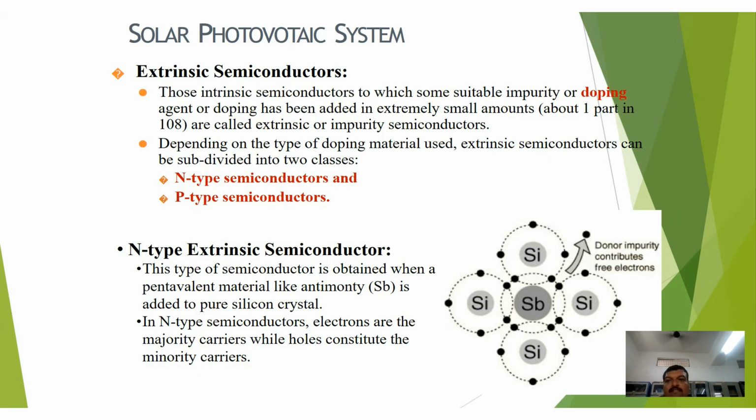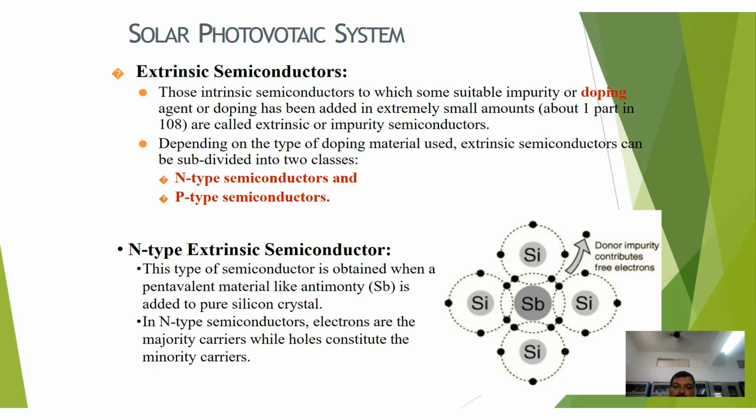Basically, extrinsic semiconductors are classified into two types, N-type and P-type semiconductors. In N-type semiconductors the majority carriers are electrons and the minority carriers are holes, whereas in P-type semiconductors the majority carriers are holes and the minority carriers are electrons.